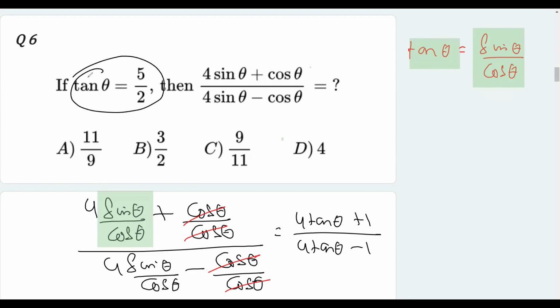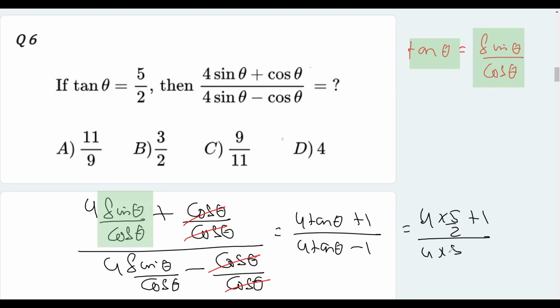Now the value of tan theta is 5 by 2. So I'm going to replace tan theta with its value, 5 over 2. That is 4 times 5 over 2 plus 1, and below it is 4 times 5 over 2 minus 1.